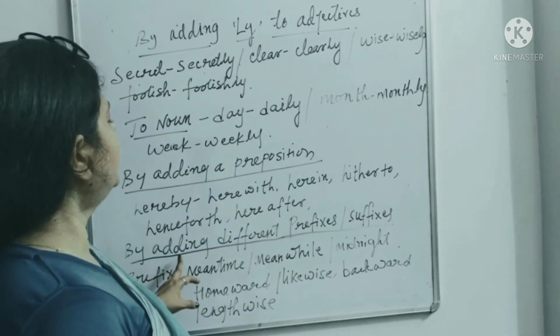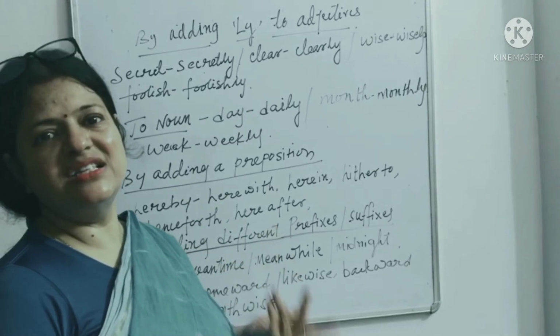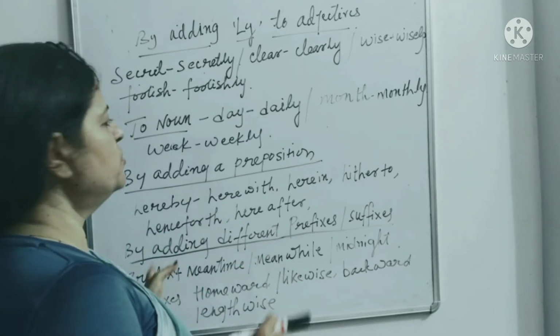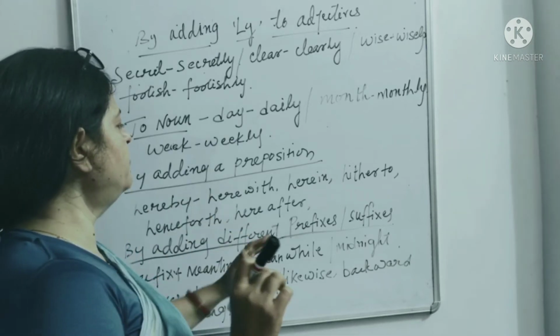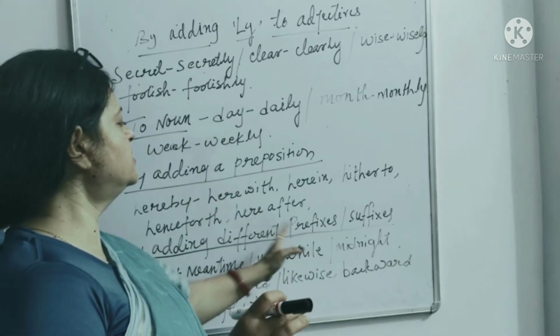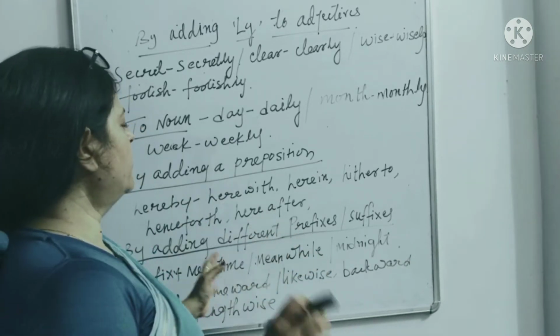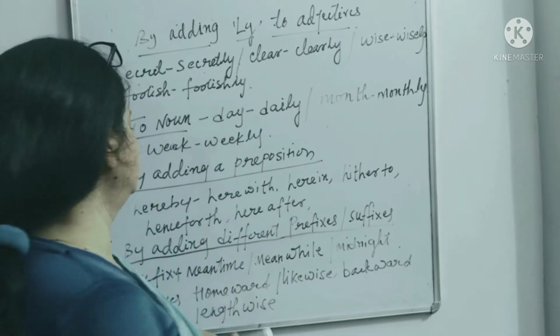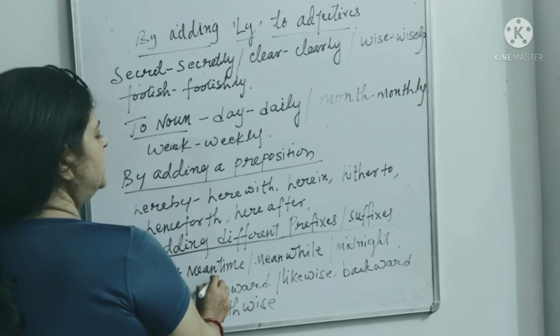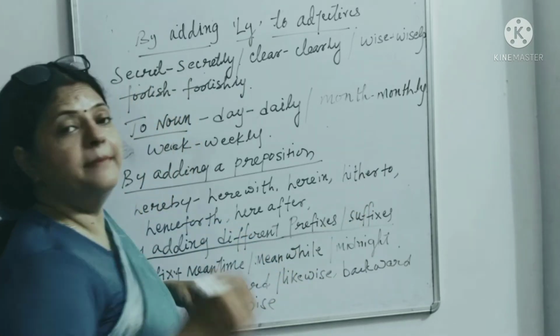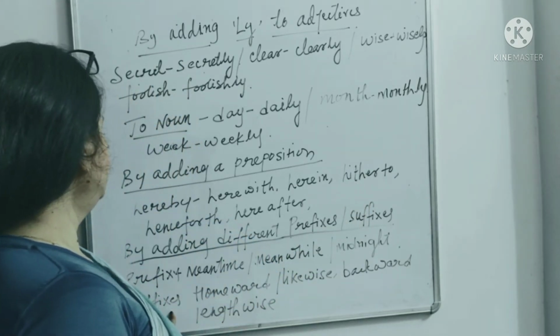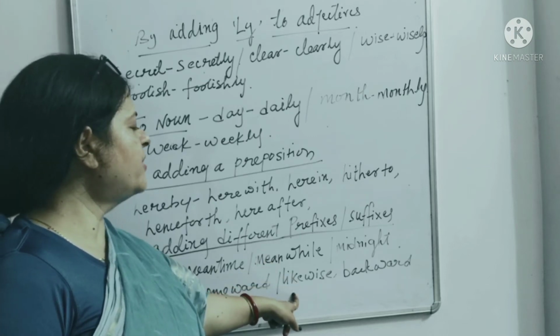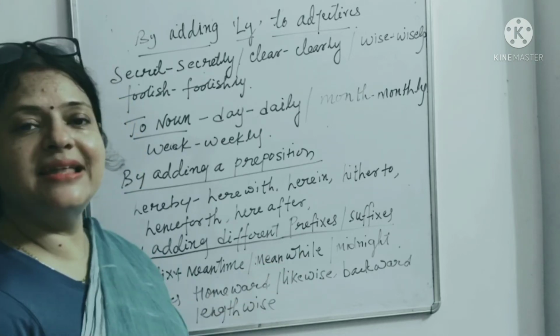Now sometimes by adding different prefixes and suffixes, when we add something in front of a word, it's called prefix, and after a word if we add something, it's called suffix. So here we see meantime, meanwhile, midnight, and homeward, likewise, backward, lengthwise.